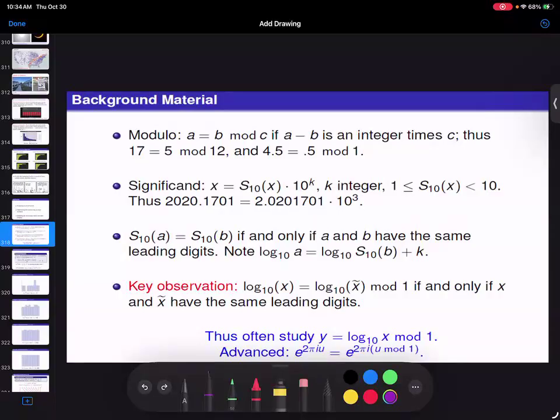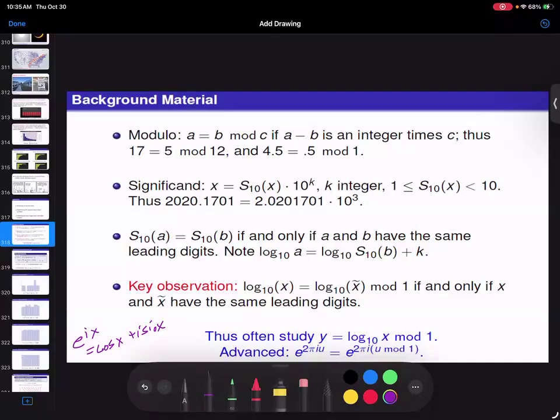So hopefully you've seen the function e to the ix is cosine x plus i sine x. This is a very famous Euler identity. And sometimes instead of x, we use 2 pi. And so typically, you can't just chop off the integer part of a number and feed it into a function and get the same result. But if I'm looking at sines and cosines, I only care about the argument up to an integer multiple of 2 pi.